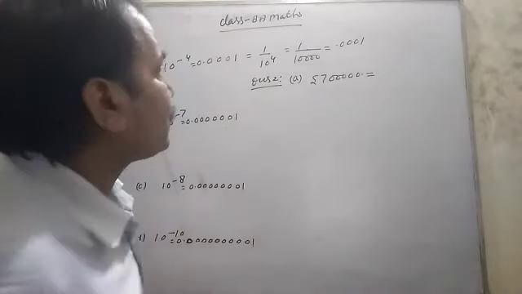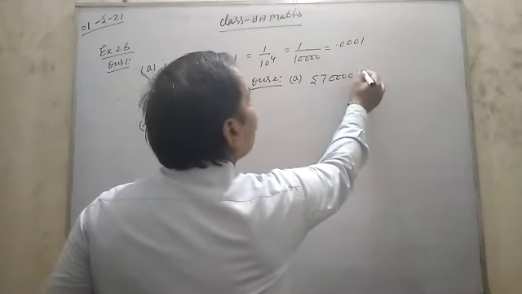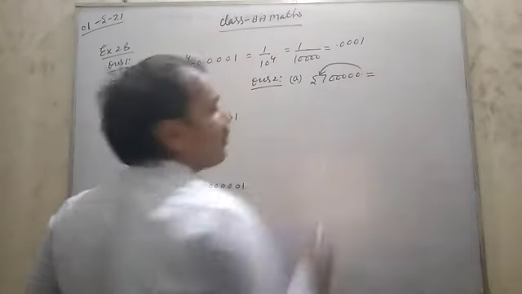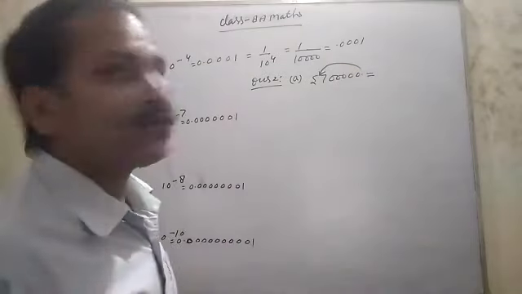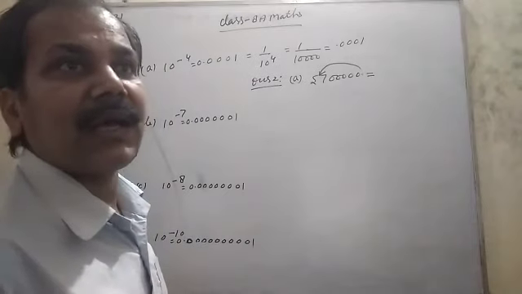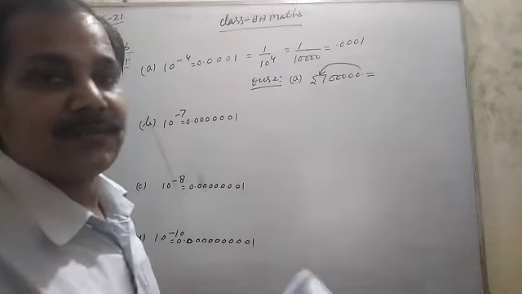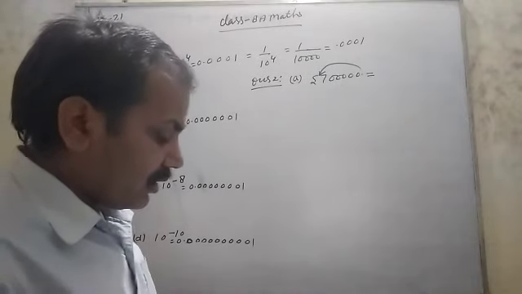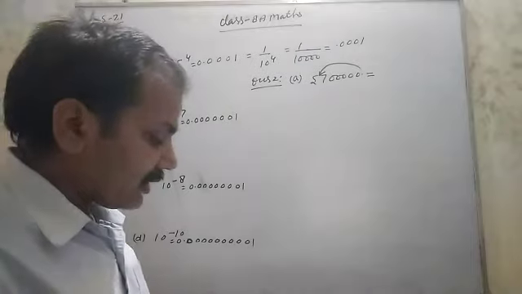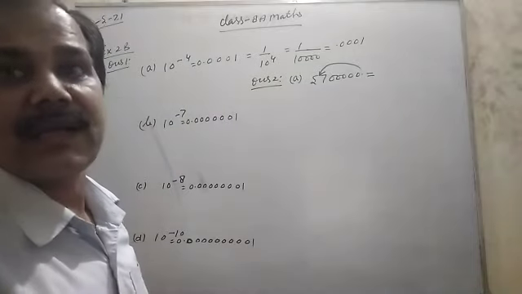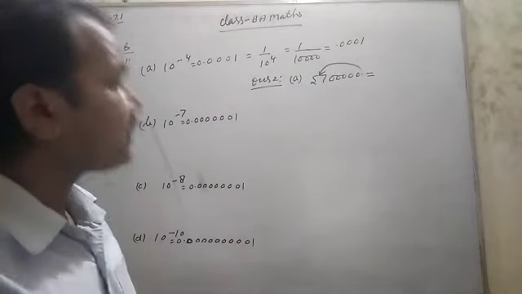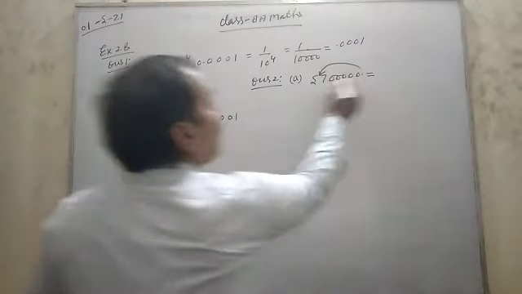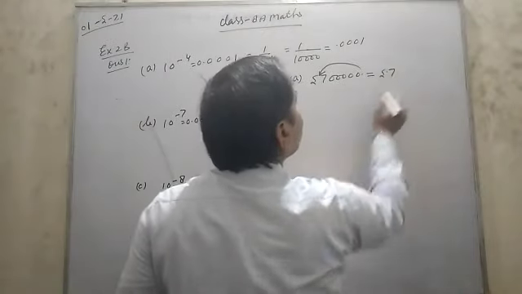And we have to shift how many digits? I told you the number should be greater than or equal to 1 and less than 10. So 5.7.